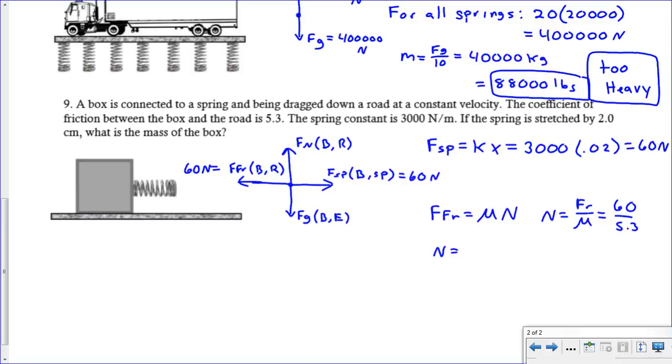From this, we get that the normal force equals 11.3 newtons. From that, we know that the gravitational force has to equal the same because normal and gravitational are equal to each other. So Fg then equals 11.3 newtons. And from there, we can get the mass because the mass is equal to the gravitational force divided by 10. So it's 1.13 kilograms.